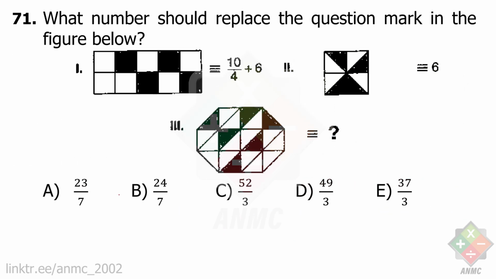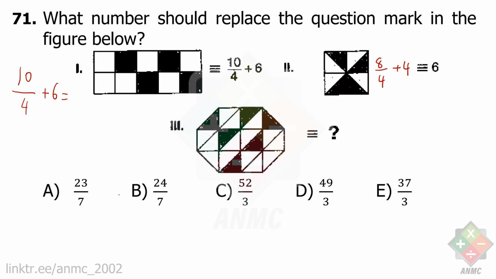Let's try to understand the pattern. How many pieces are there? There are 10 pieces. 4 of them are shaded, 6 of them are blank. Totally, this is it. Let's check if it's true. How many pieces are there? 1, 2, 3, 4, 5, 6, 7, 8. 8 over 4. 4 is shaded, 4 is blank. 8 over 4, 2, 2 plus 4, 6. So our pattern works.